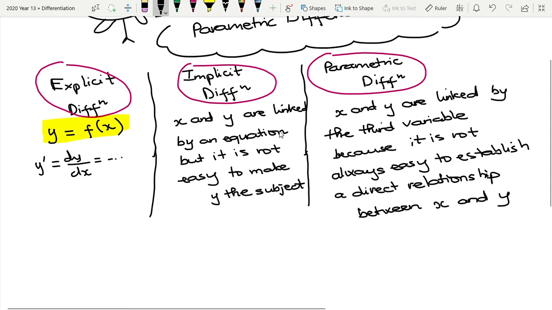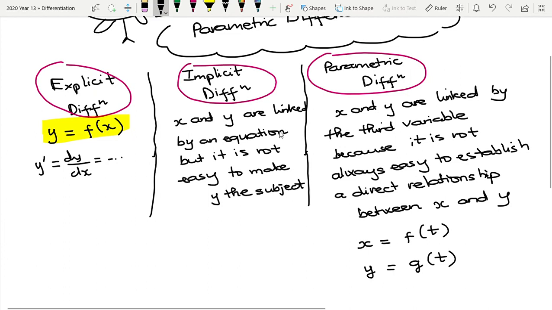So in theory, x will be a function of a third variable, which is t, so x equals f(t), and y is going to be g(t). So t is the third variable. x is in terms of t, and y is also in terms of t.